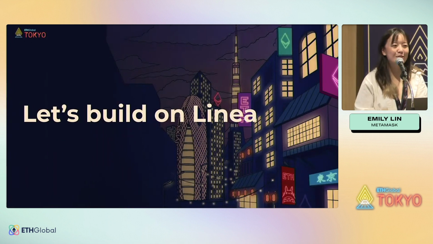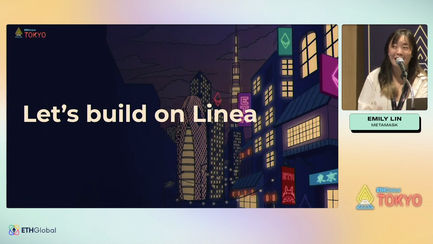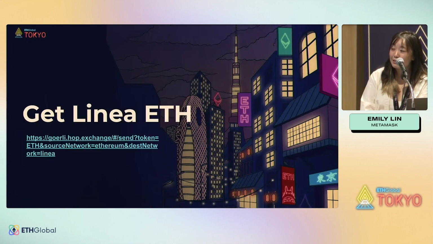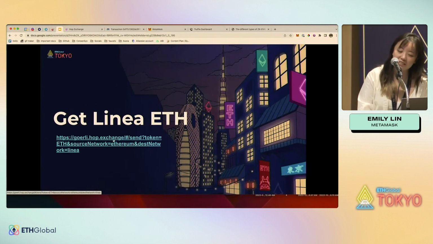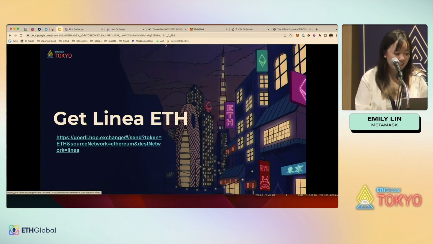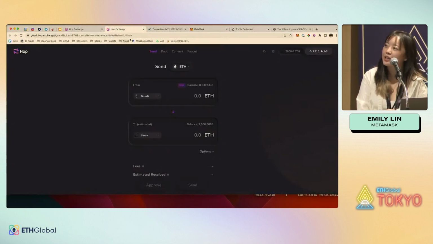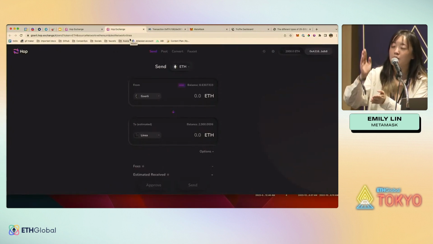But yeah, what does it look like to build on Linea? I think the Wi-Fi is really bad, so I'm not going to do this live. The first thing you need to do is get Linea ETH. Let's see if I can access it. Basically, you're going to need to bridge ETH from Goerli testnet over to Linea.